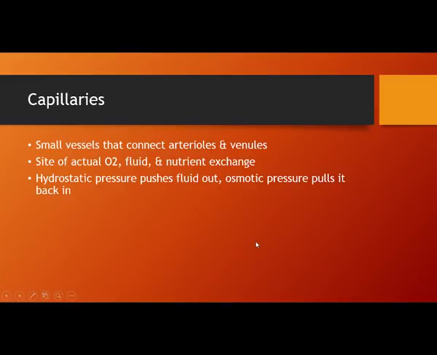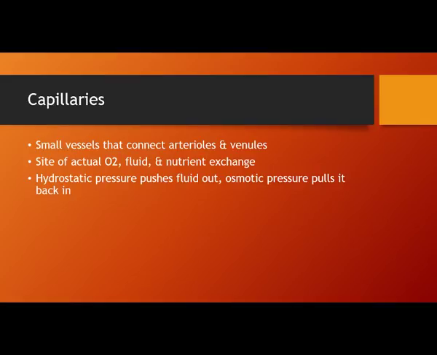Capillaries are where, as we said, the actual gas exchange, nutrient exchange, and all these things occur. They're small vessels that connect an arteriole and a venule. So blood is flowing out of the arteriole into the capillary, and then the exchange takes place and it comes back in the venule. And remember, we've got a semi-permeable membrane here.